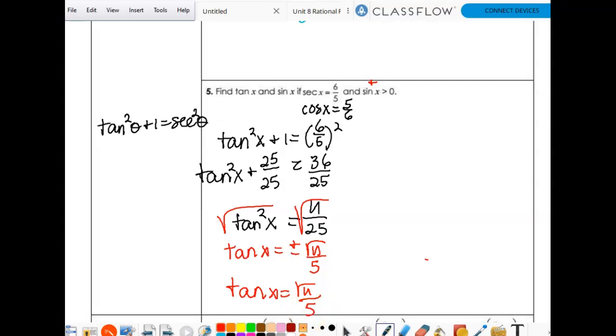So the next thing I need is my sine. But I know tangent and I know my cosine. So can I find my sine? Because sine over cosine is tangent. So I'm going to do the square root of 11/5 equals sine over my cosine value, which was 5/6.